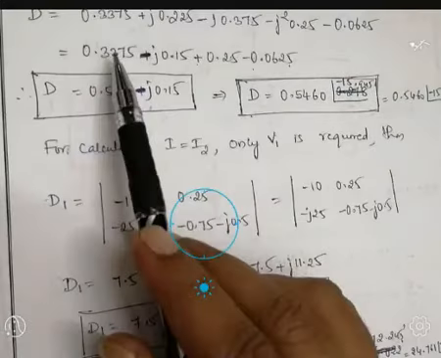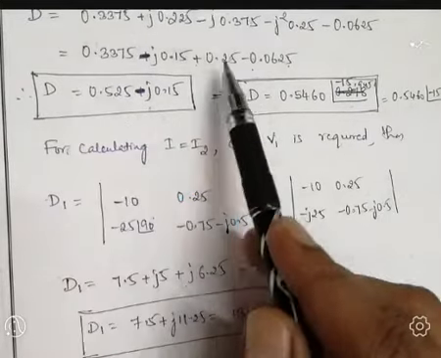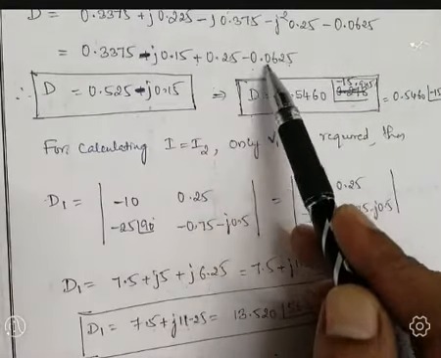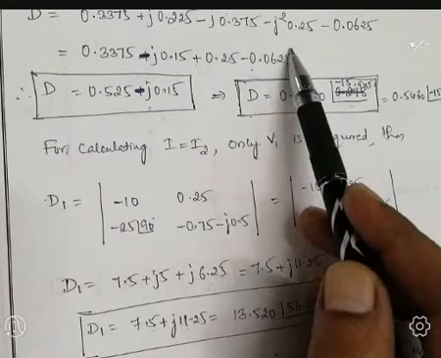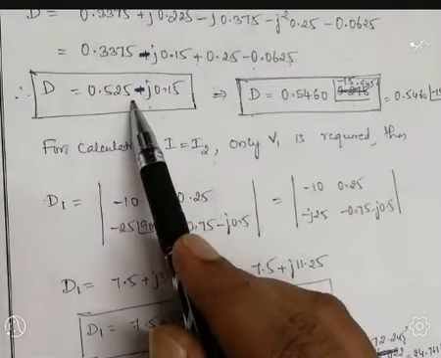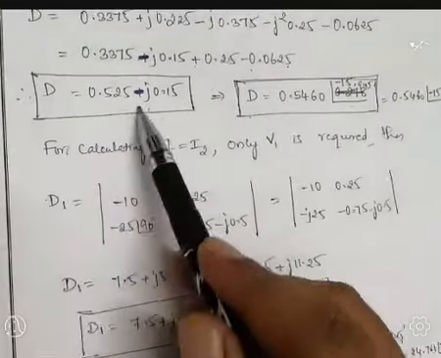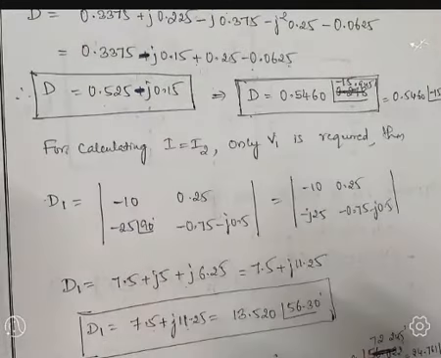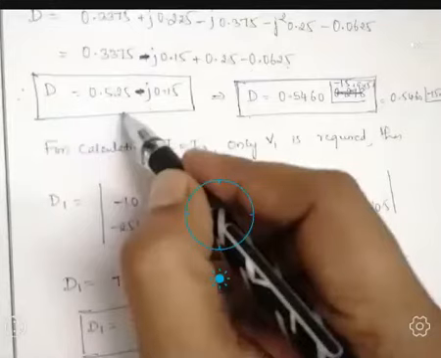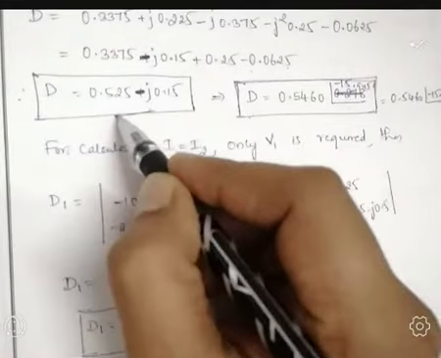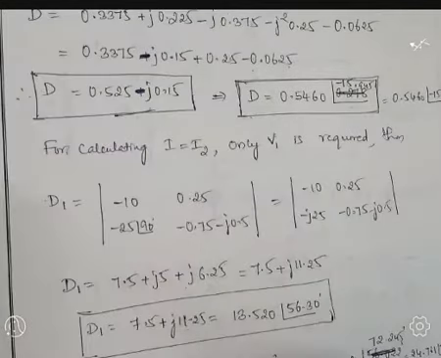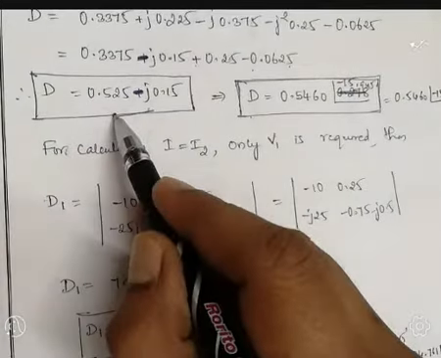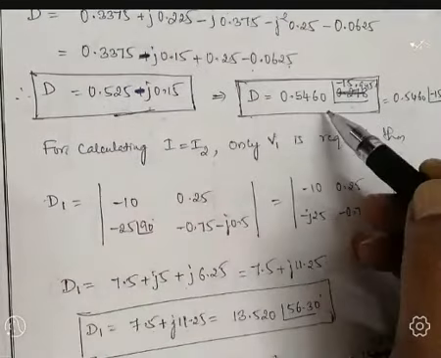Further simplification, add the real part and imaginary part. So the real part is 0.3375, 0.25, minus 0.0625. On simplification, we will get 0.525. This term as it is, minus j 0.15. Let us convert this from Cartesian form, or we can say rectangular form, to polar form.